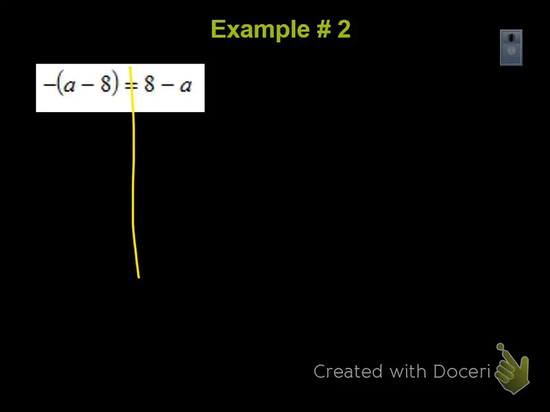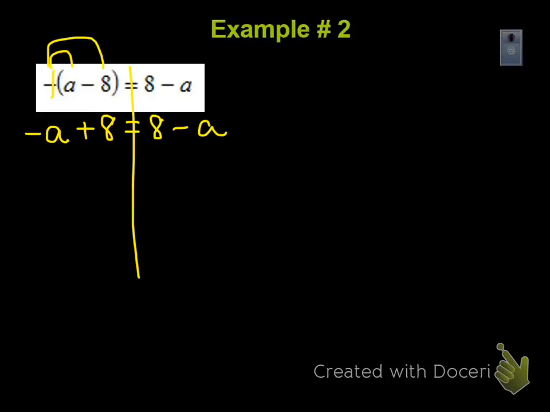And if I remember here, this negative outside means that there is a negative 1. So I'm going to take negative 1 times a, negative 1 times negative 8. So negative 1 times a is negative a. Negative 1 times negative 8 is actually a positive 8. So negative a plus 8 equals 8 minus a.